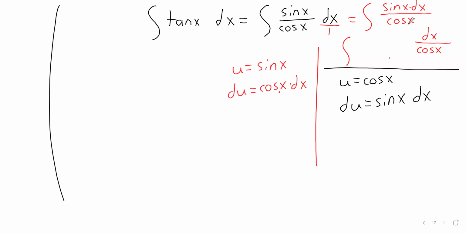And we have sine x dx, exactly what we need. Well, almost exactly what we need, but we can deal with missing negative signs. The integral of 1 over the variable, 1 over u, is the natural log.